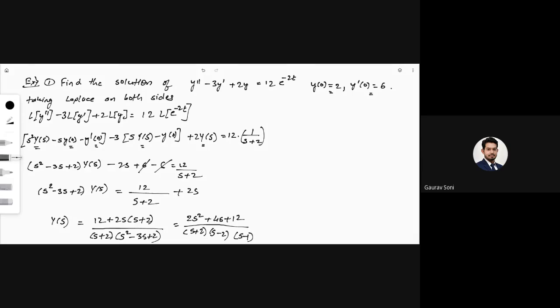Now, you have capital Y of s. What I need to find is small y. And how can I get small y? By taking inverse Laplace. So what we will do now is take the inverse Laplace transform. So I'll rub this part.